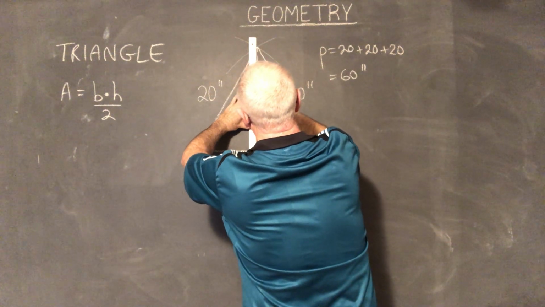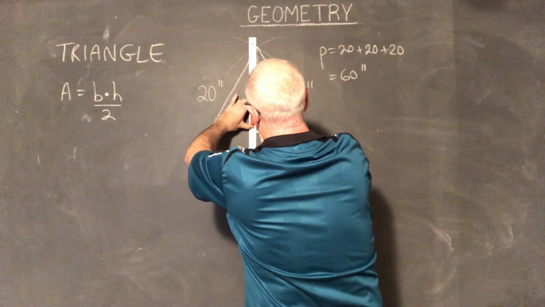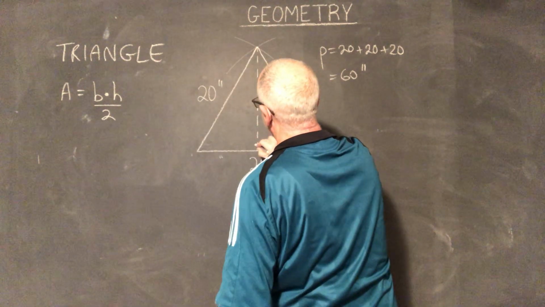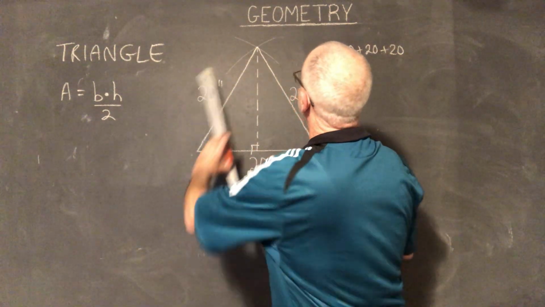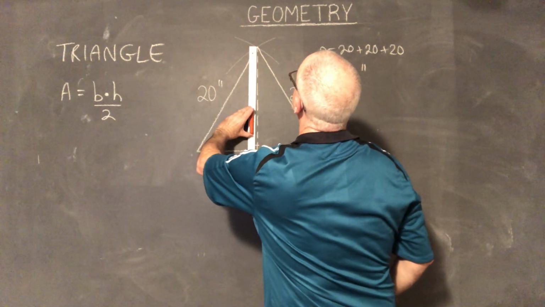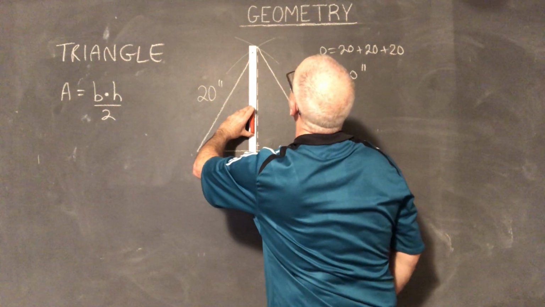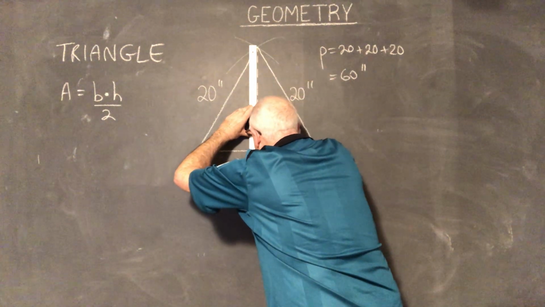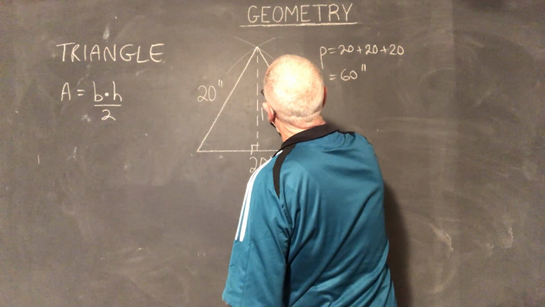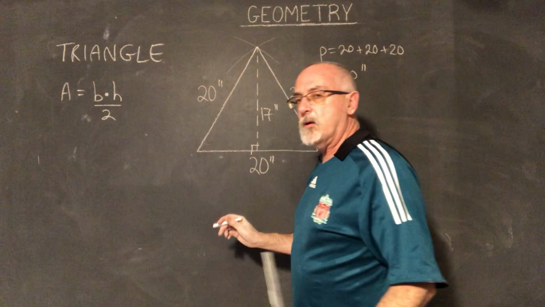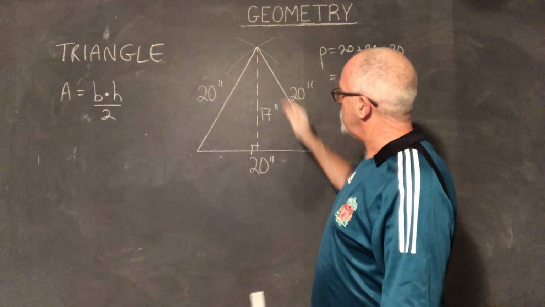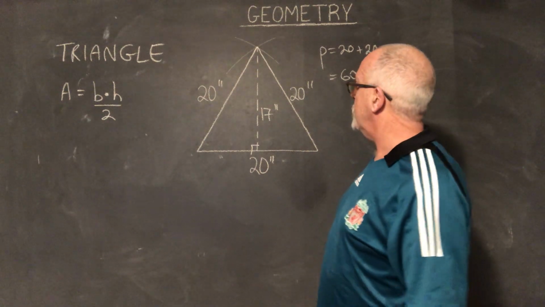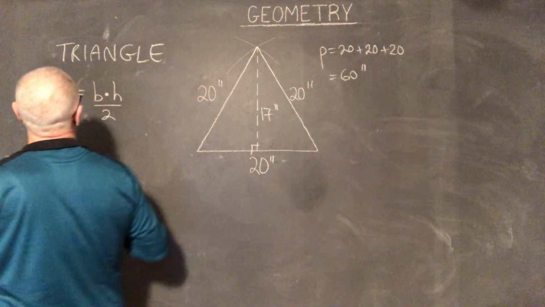I didn't necessarily draw it perfectly, but it's been measured. There's a height. The height is, and how long was that again? 17 inches. Again, there could be some drawing error and there could be some measuring error, but it's going to be very close to 17 inches, which means I can find the area.